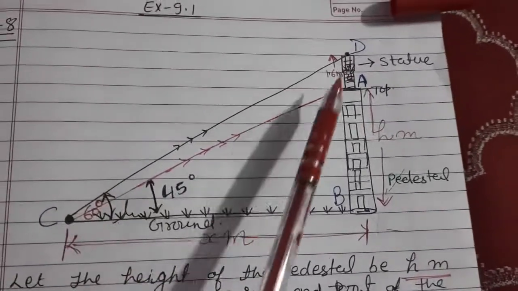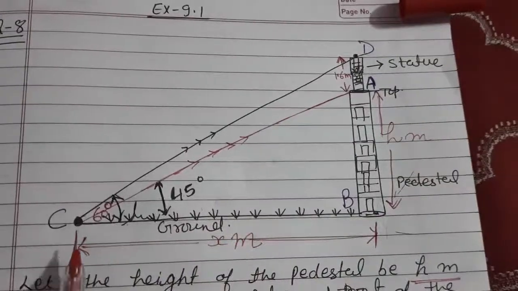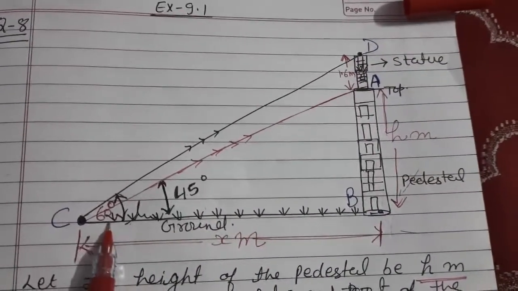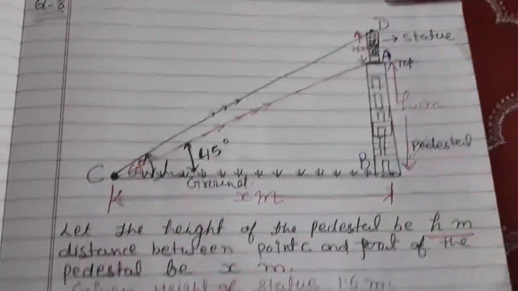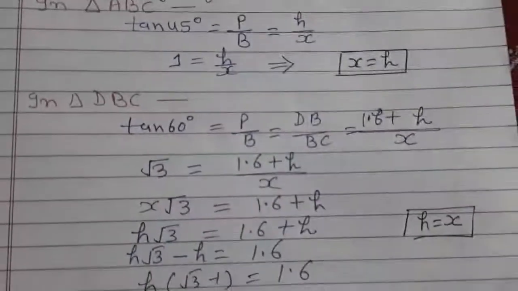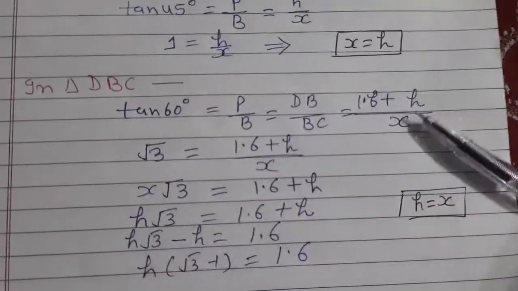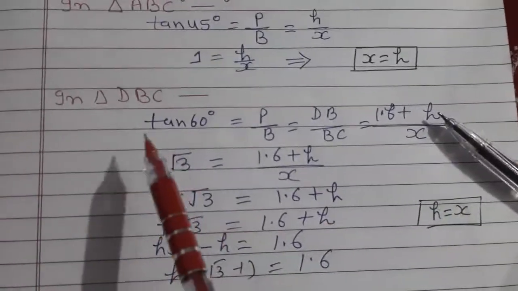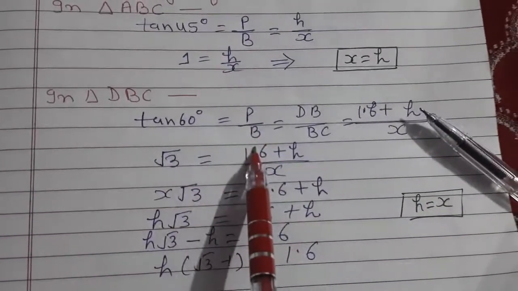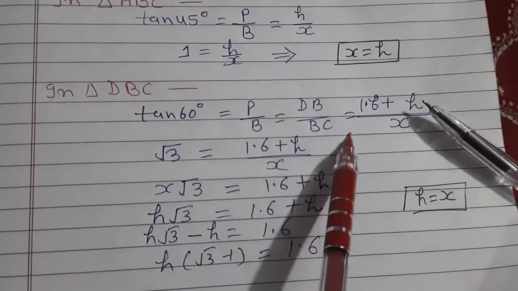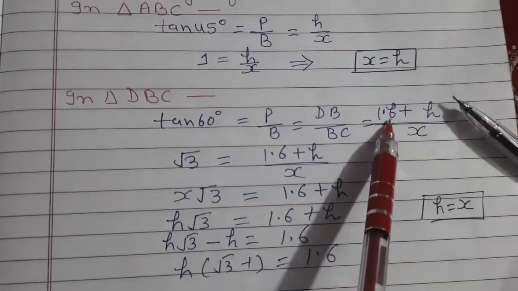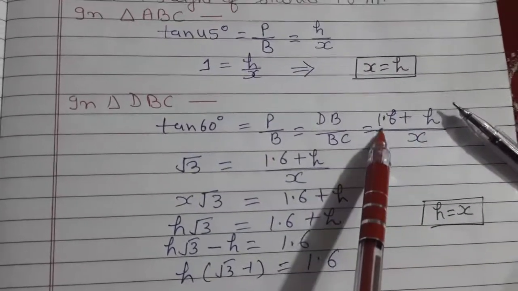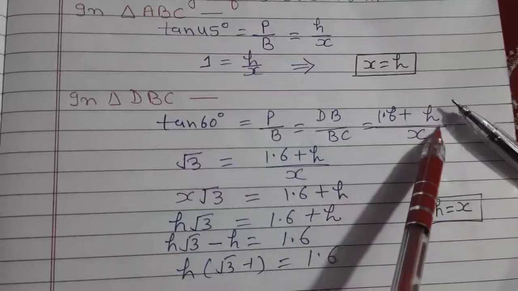So now again in triangle DBC, tan 60 degree is perpendicular DB upon base BC. DB is equal to 1.6 plus h, the height of the statue plus height of the pedestal.